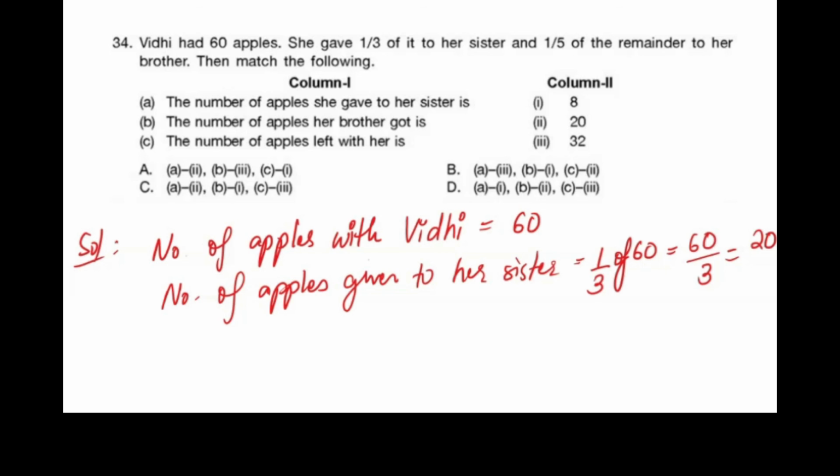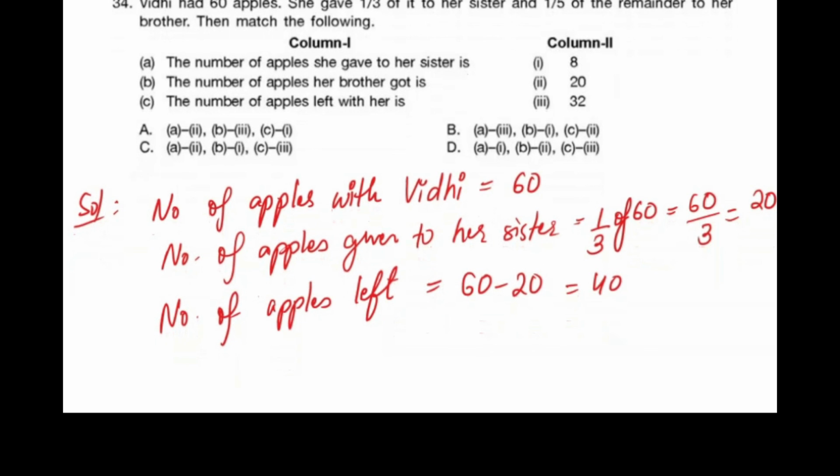So now how many apples is she having? Number of apples left after giving to her sister is 60 minus 20, that is 40. Now, 1/5 of the remainder to her brother, this is the remainder.